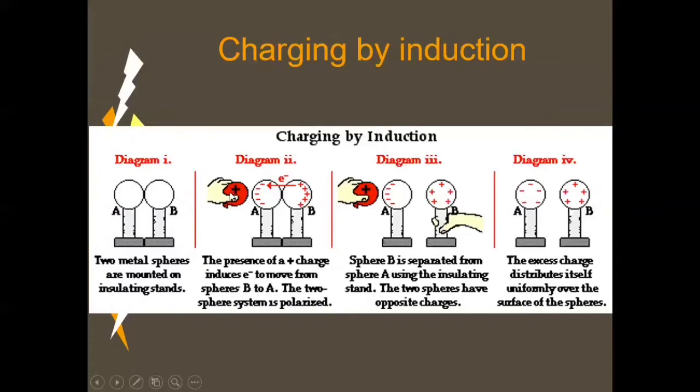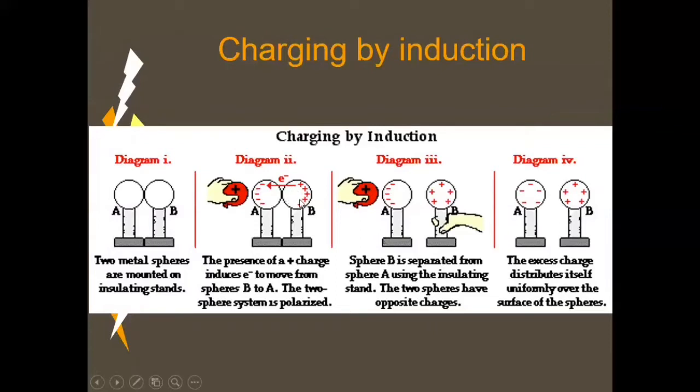This positive charge will attract which charge? Negative charge. So all the negative charges from these two spheres will gather at the farthest end nearest to the object that is brought near. So we have electrons, or you can say the negative charges, accumulated on this side of sphere A, and as this side becomes more negatively charged, then we can automatically tell that this side of sphere B is more positively charged.